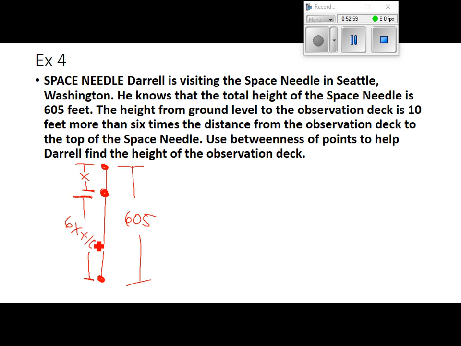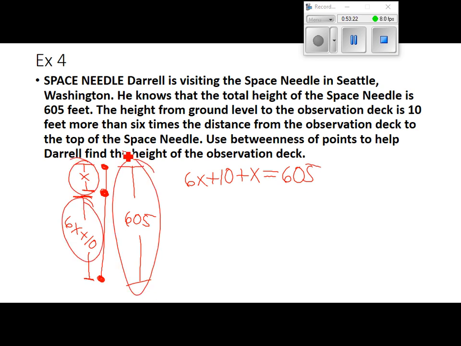Does that look like the problems we've been doing now? Yeah, it looks the same, right? Looks the same, except it's sideways. What's our equation going to be? 6x plus 10 plus x is equal to 605. Everybody agree with that? This plus this equals the whole thing.